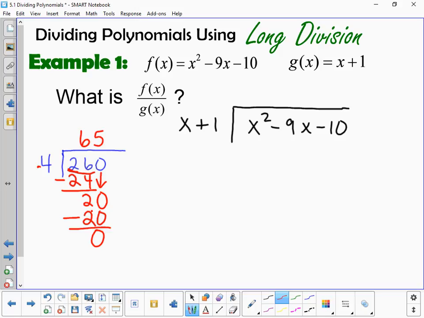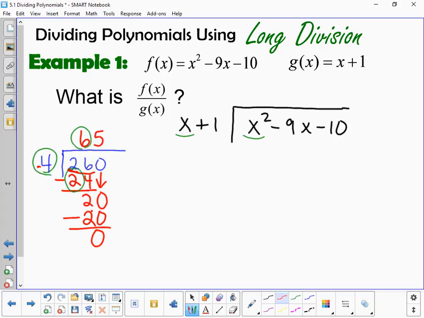We're going to use kind of that same process here. We're thinking about this x plus 1, and we want to know how many times it goes into x squared minus 9x minus 10. Well, I like to just focus on the first term. How many times is x going into x squared? Essentially, you're thinking about what would I multiply that x by to get it to be the same as x squared?